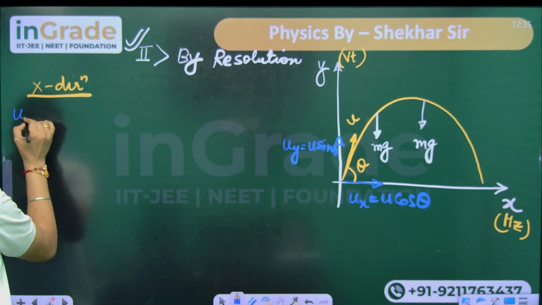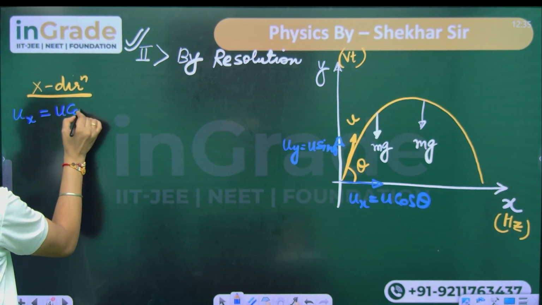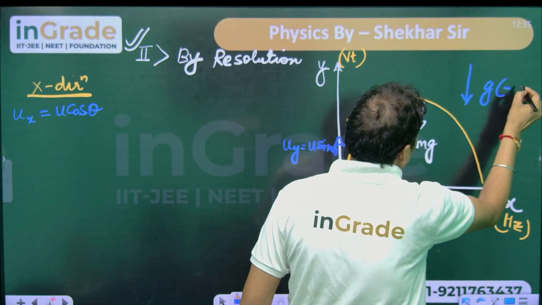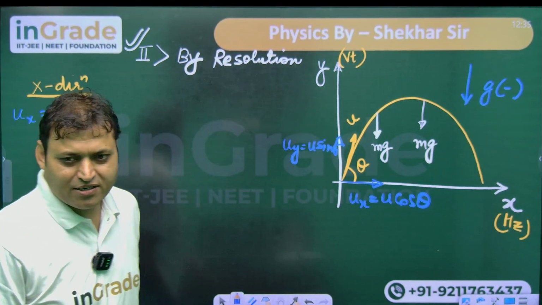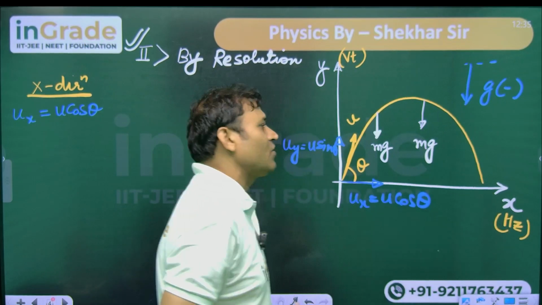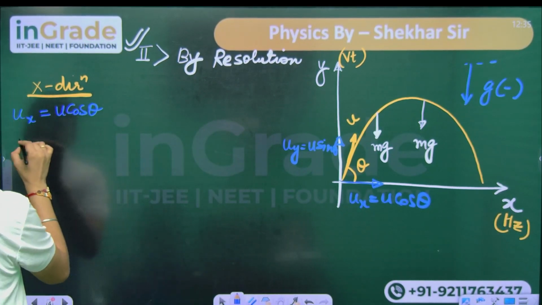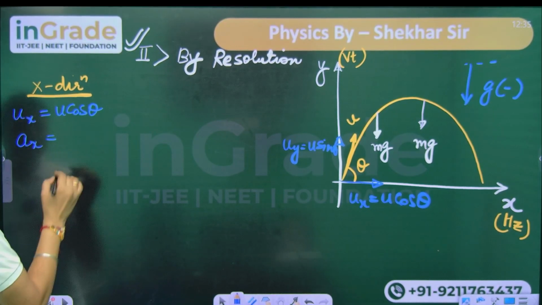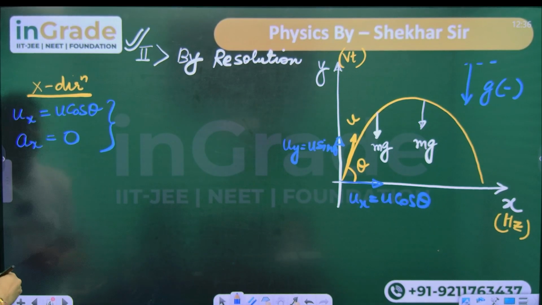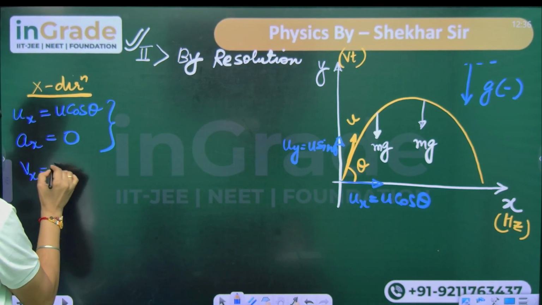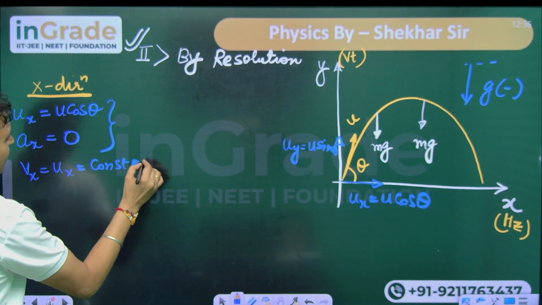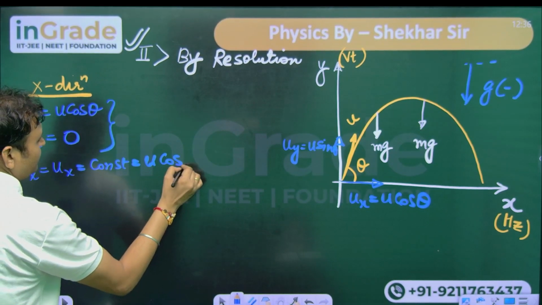So x direction initial velocity is equal to u cos theta, and the acceleration is only due to gravity, which is in downward direction. So there is no component of acceleration due to gravity along horizontal direction. So we can say acceleration in horizontal direction will be 0. And when acceleration is 0, then the final velocity in x direction will be same as initial velocity in x direction, that remains constant, equal to u cos theta.